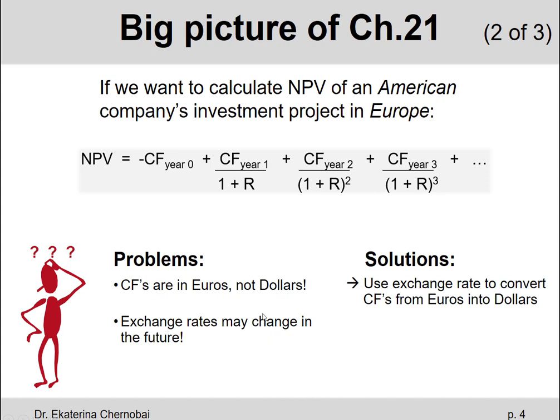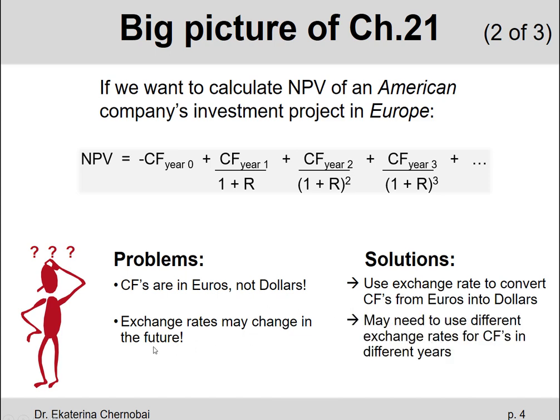You cannot look up the exchange rate as of today between the euro and the dollar and apply it to convert your cash flows from year 0 of the project, year 1 in the future, year 2 in the future, and so on, back into dollars. It cannot be the same exchange rate, in other words.